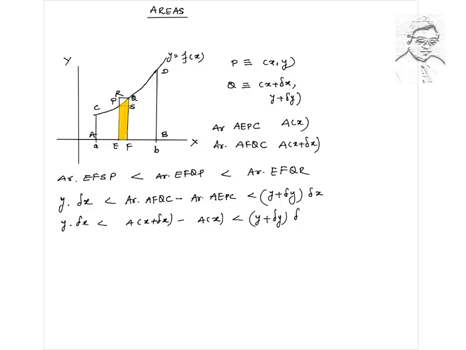Our objective is to find this whole area, and the curve may be larger. CD is just a part of the curve. Now we will divide by delta x everywhere, and then we will take the limit.